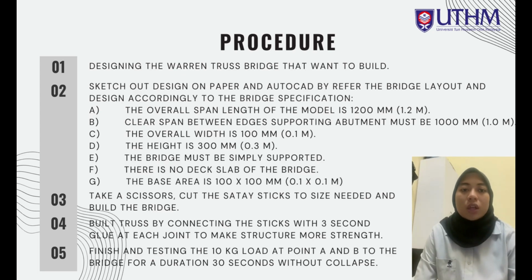So for the procedure that we use to build this bridge, first we design the wooden truss bridge that we want to build, and second is to sketch out the design on paper, and next we sketch it in AutoCAD by referring to the bridge layout and design required in this project, which is the length is 1200 millimeter, and the placement between supports is 1000 with 100 millimeter.